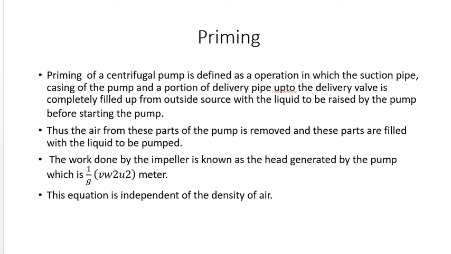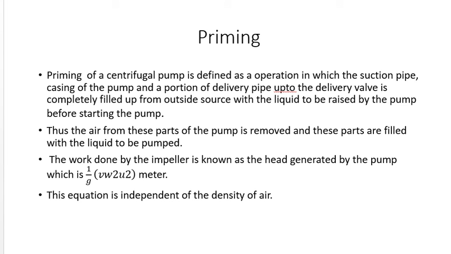Why is this priming required? Because when the pump is not in running condition, air is trapped inside the pump, and the air from these parts of the pump is removed and these parts are filled with the liquid to be pumped.